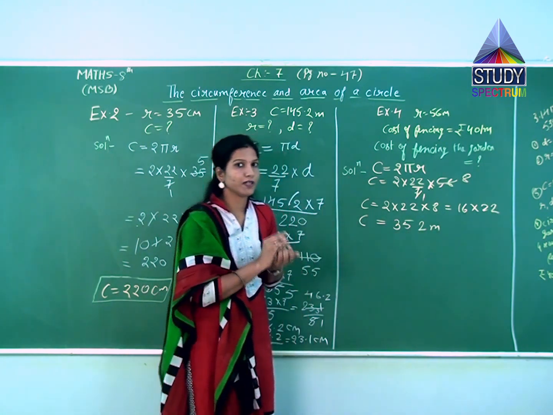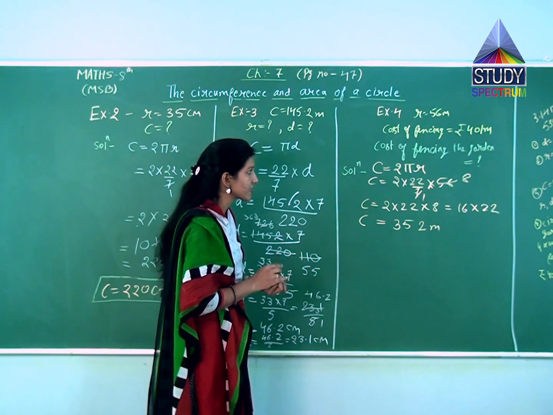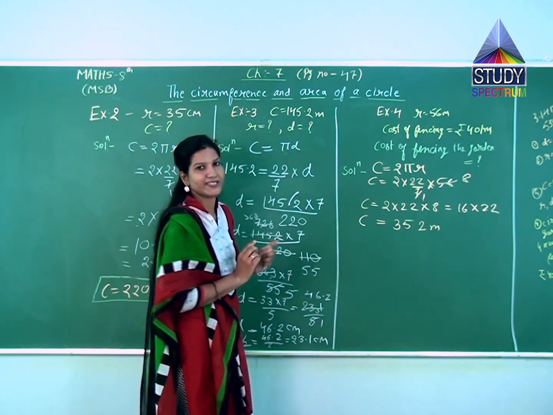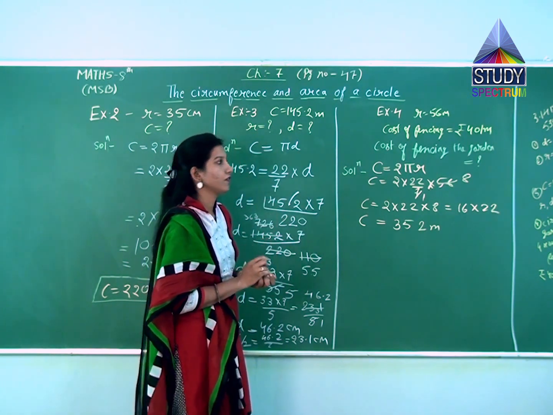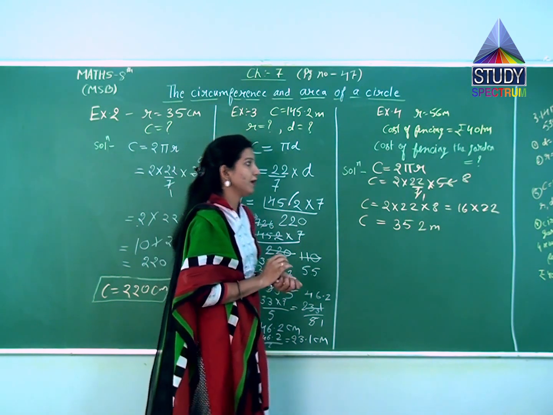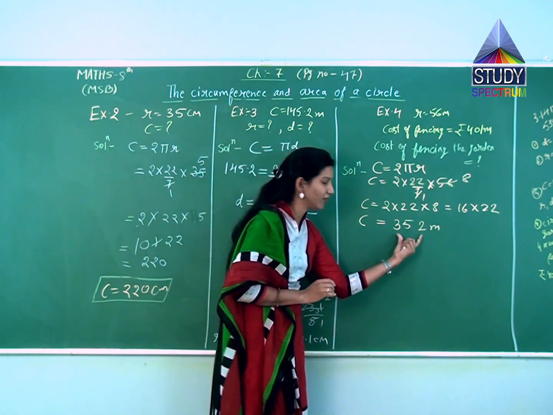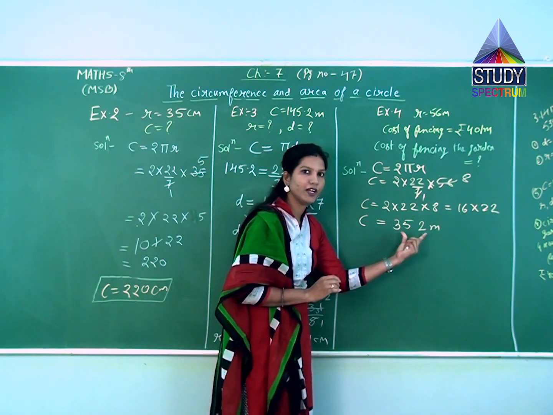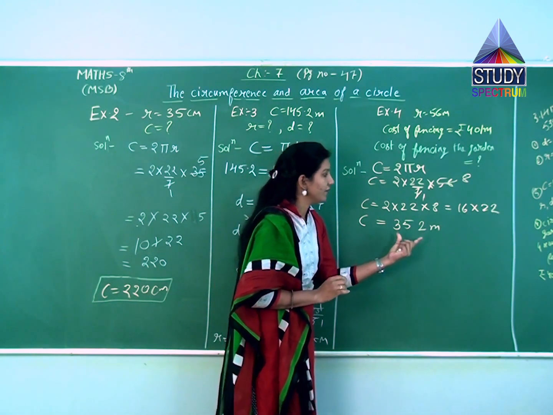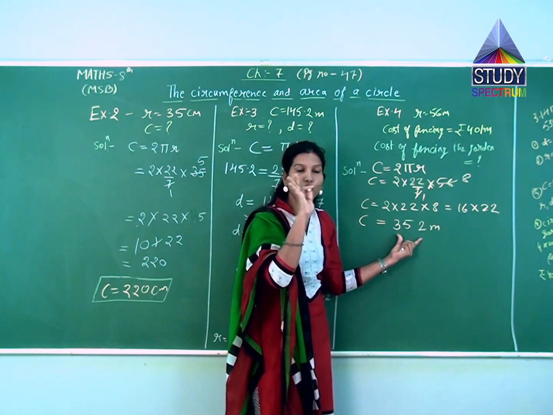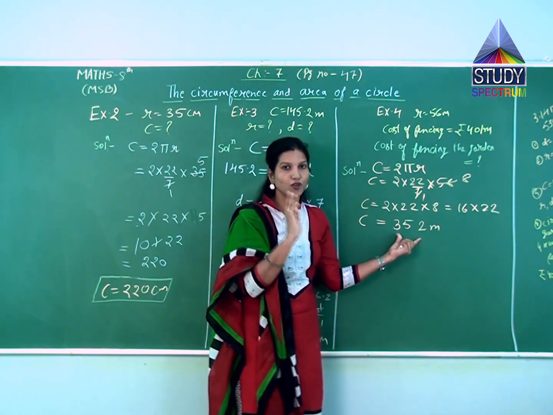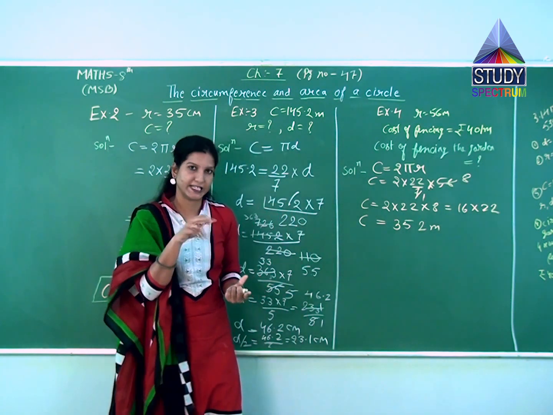But our question does not end here, because we have been asked for the cost of fencing the garden, and the cost for fencing the garden per meter is rupees 40. But how many meters do we have to fence? 352 meters, and we have to fence it 4 times, means you have to do 4 rounds of fencing.